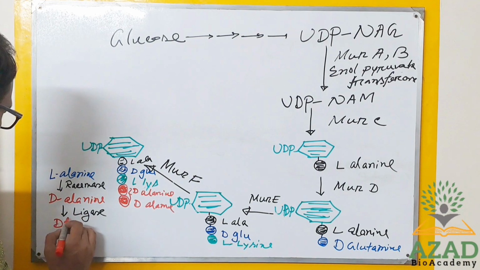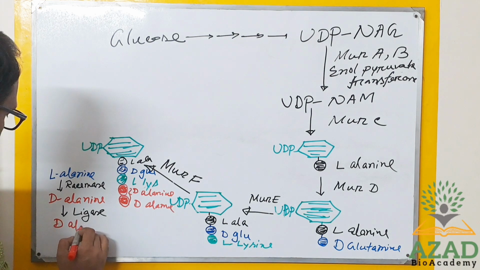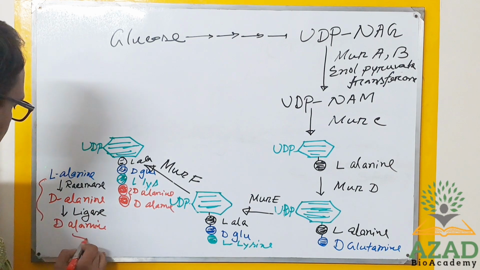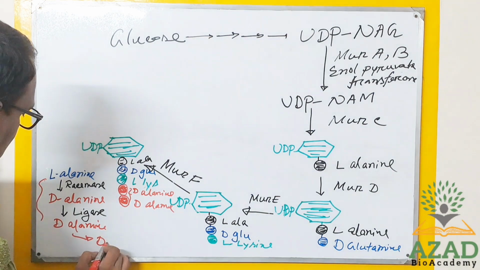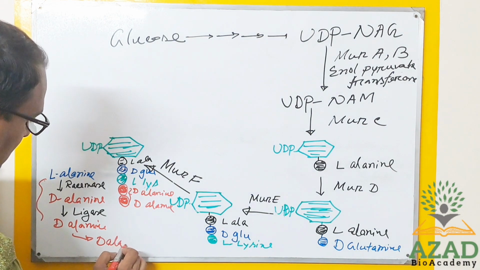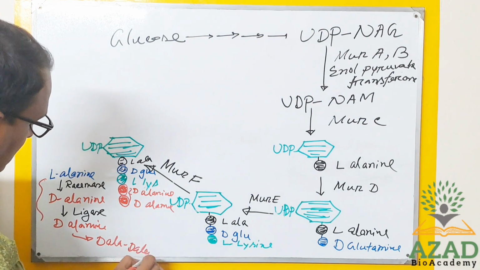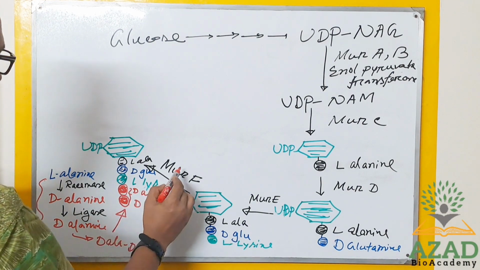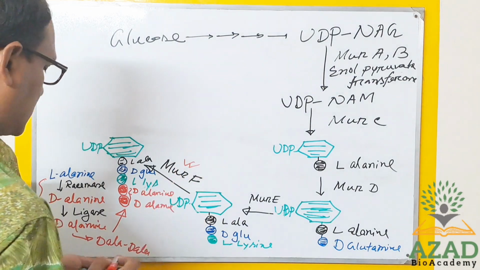And this D-alanine also comes the same way. So D-alanine and D-alanine will produce D-ala D-ala. Okay, so that will attach here by the help of this amino acid.